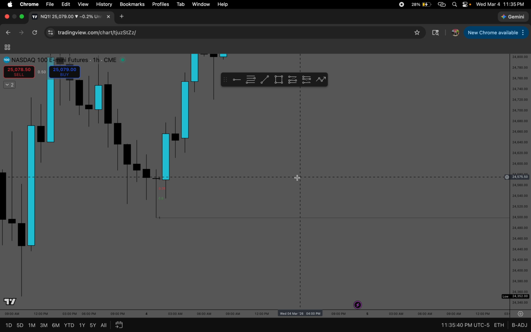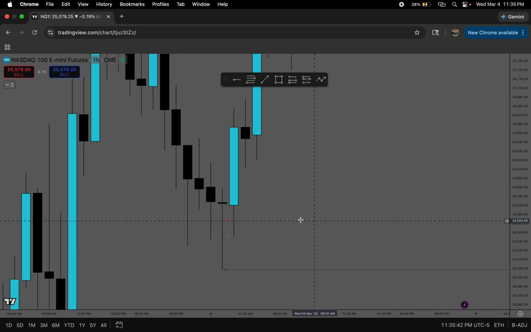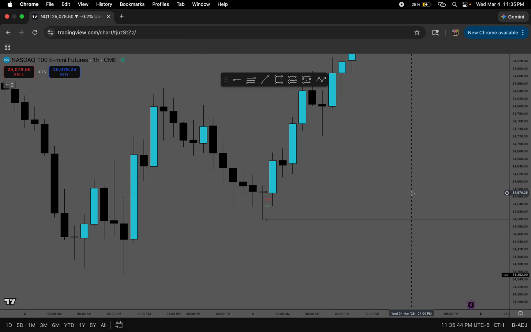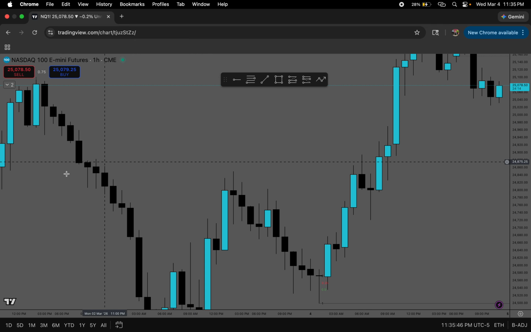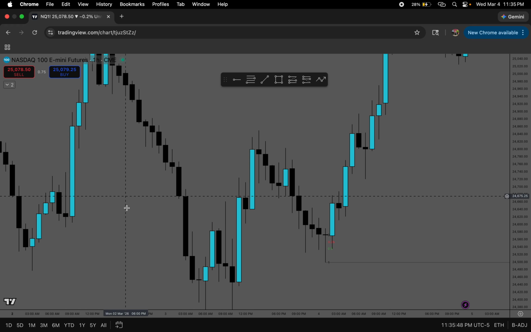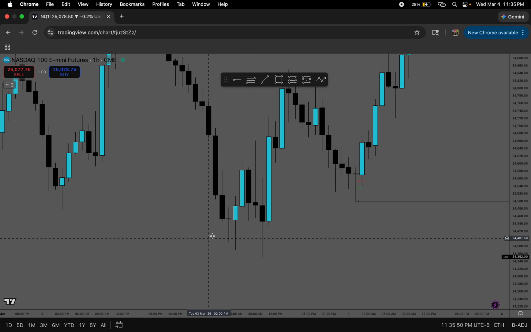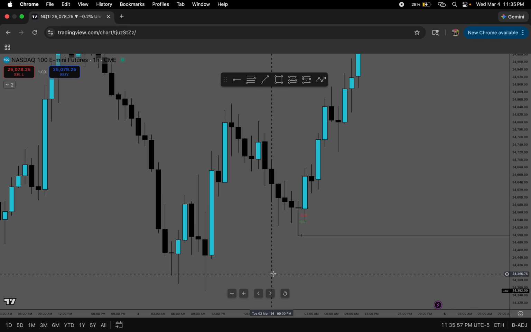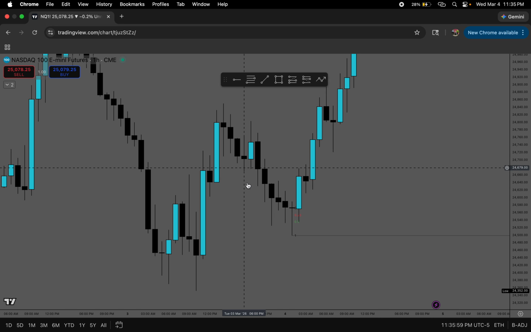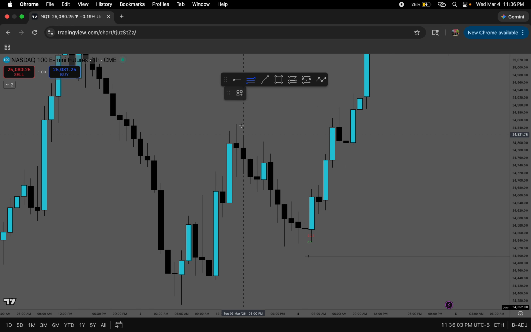So what you want to do is always remember this. I know a lot of people are going to look for everything and think that everything's going to be a rejection wick, which it's not. As you can see here, it invalidates it, invalidates it. There's no entry on the rejection wick here. This could have been one.